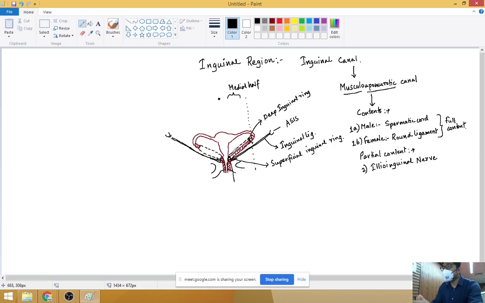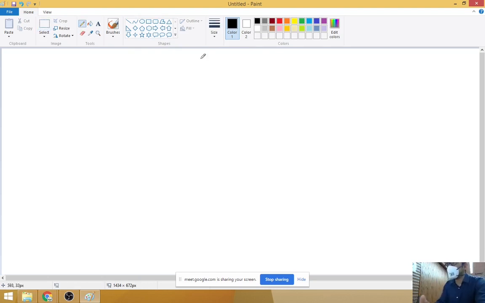Now, the important thing over here is to know what are the muscles and what are the aponeuroses which are forming this tunnel, since it is a musculo-aponeurotic canal. Okay, so let us move on to another picture. We are discussing the inguinal canal.